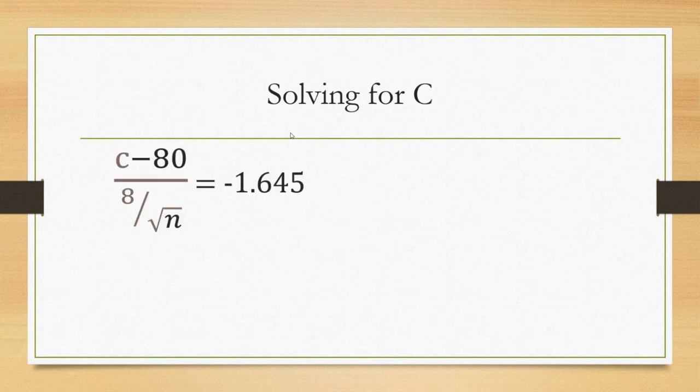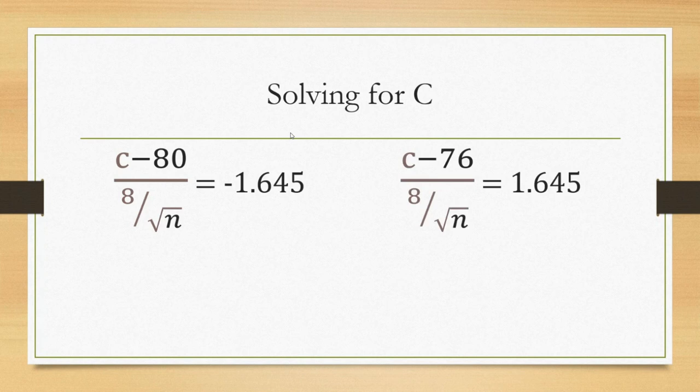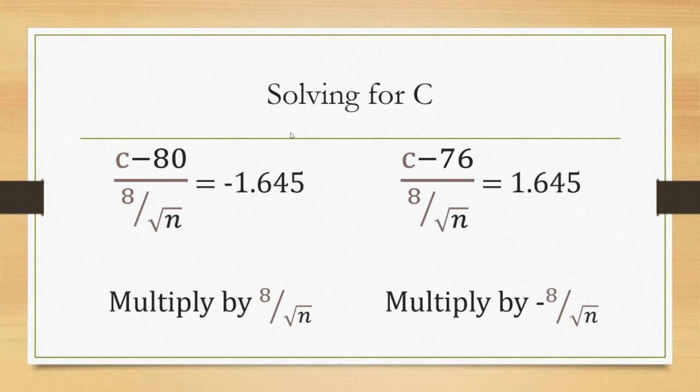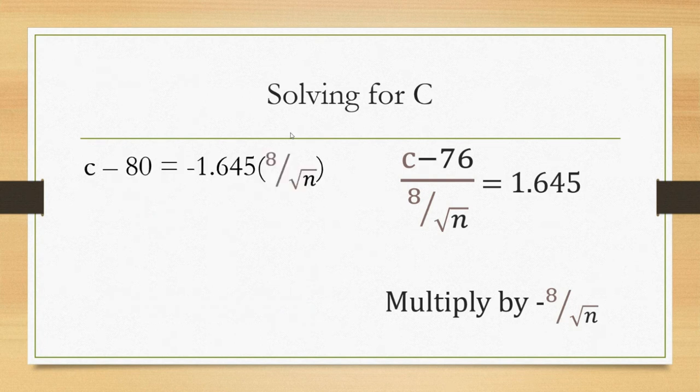Now we're going to solve for C. As we know from the formula before, we have this given formula for the left tail, and for the right tail we have this. To the left tail we multiply by 8 divided by square root of n, and to the right tail we multiply by negative 8 divided by square root of n.